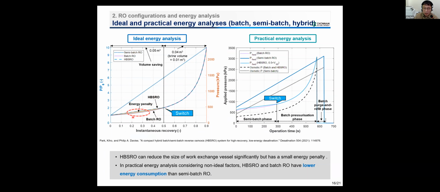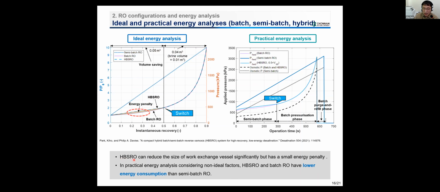As you can see, the batch RO system should have the work exchange vessel maybe 0.09 cubic meter. However, in the hybrid batch RO system, the work exchange vessel is needed to have 0.04 cubic meter, which is less than half of the batch RO system.